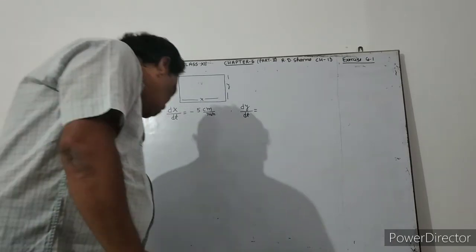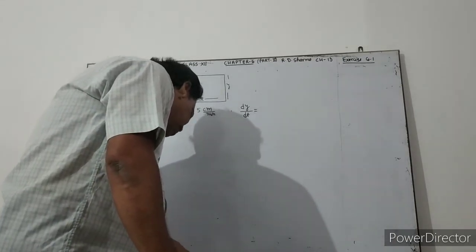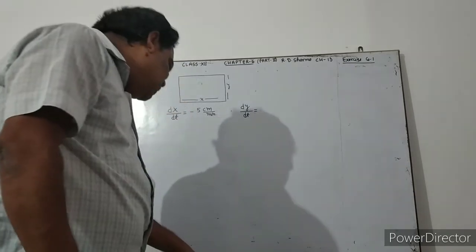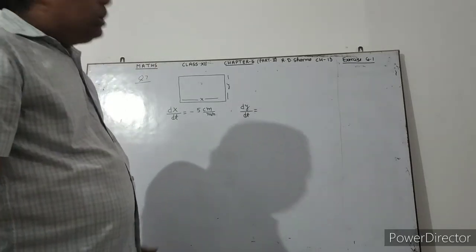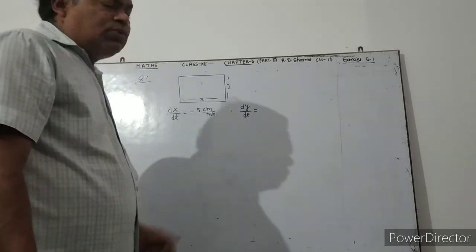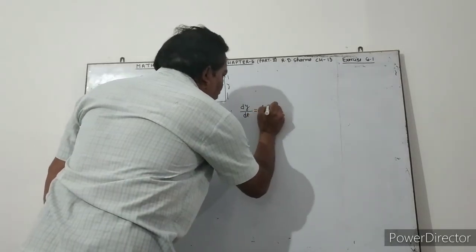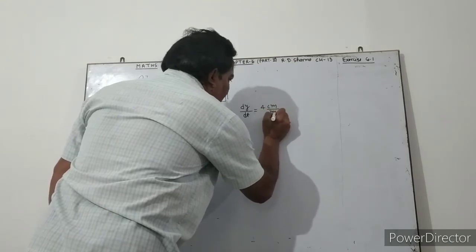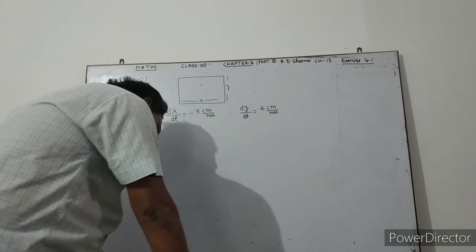The dy upon dt is 4 centimeter per minute. This is increasing, so you take the positive sign. This is 4 centimeter per minute.